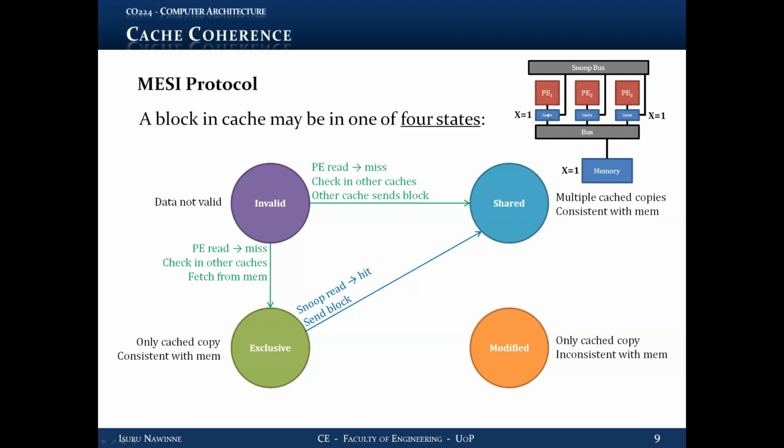So now both entries are marked as shared. Since there was a snoop read hit from cache 1, cache 1's cache controller marks its own block as shared, and since cache 1 responded positive to cache 3's controller, cache 3's controller marks that block as shared, right?